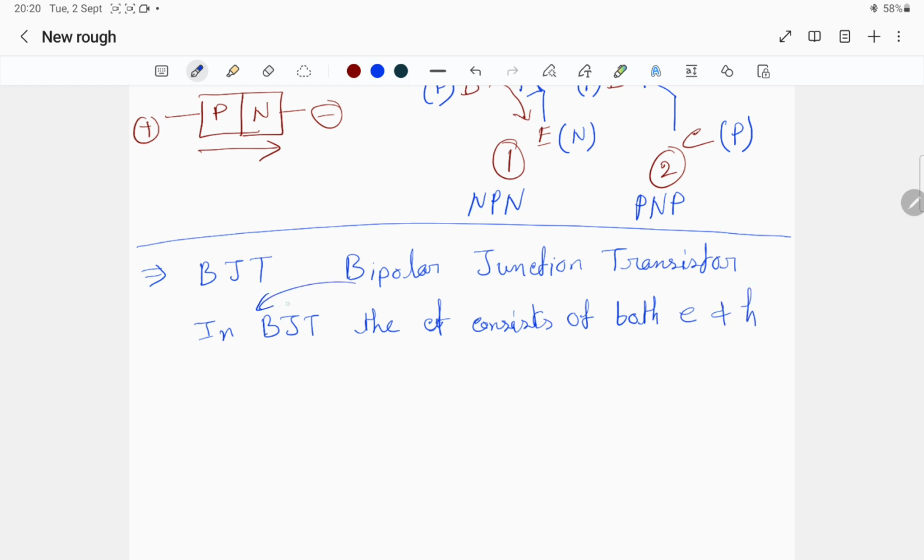This is the reason it is called BJT, bipolar, right? So the reason it is called bipolar is that in BJT the current consists of both electron and hole, right? Both type of carrier is there.